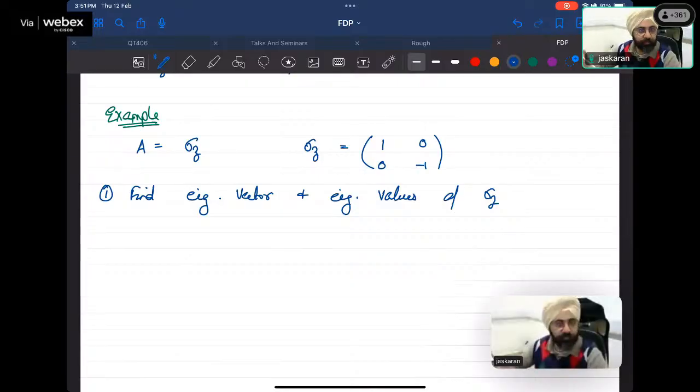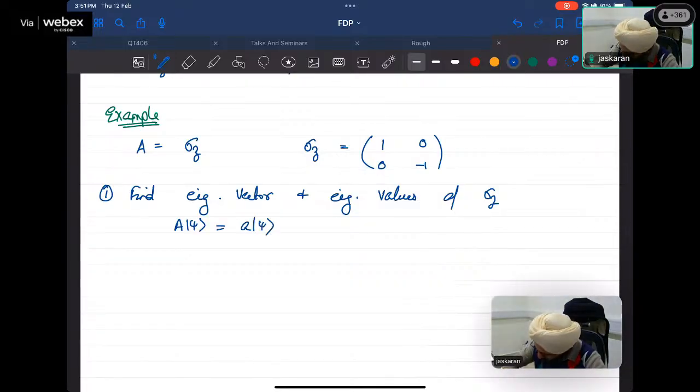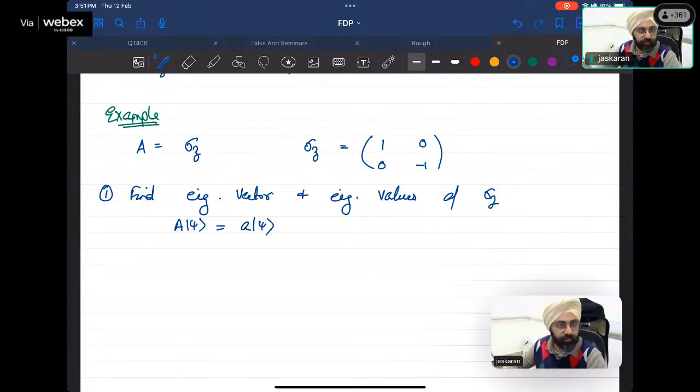How do we do that? We use the same eigenvalue equation. Using this equation, we find out the eigenvectors and the eigenvalues of sigma z.